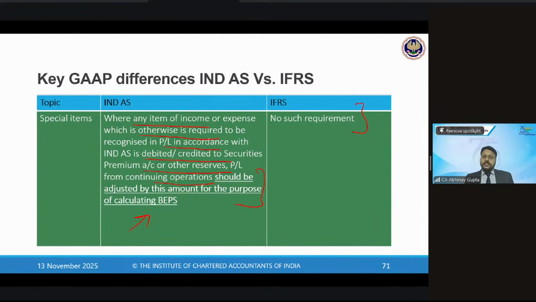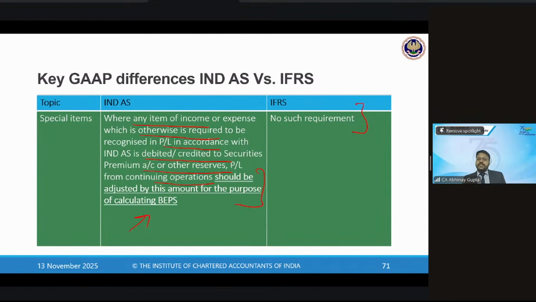But what is this? Ind AS 33 says if there is anything which needs to be recognized in the P&L, but management has not recognized that item in P&L, but has debited or credited in some reserves account, then for the purpose of calculation of earning per share, this needs to be adjusted, right?